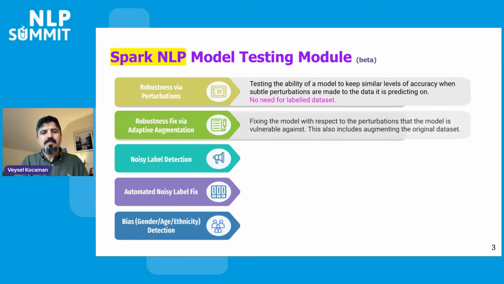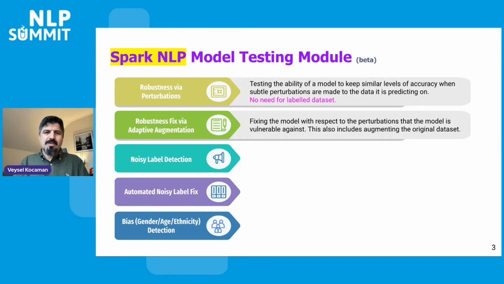The second one is fixing these weaknesses that we detect through the robustness test. So if we talk about a named entity recognition model, let's say that we run the robustness test and then we find some entities are vulnerable to certain perturbations. So rather than applying the same perturbation in a reverse way, we apply the perturbations in a smart way that is only applicable to those entities, because without knowing, you may hurt the entire model learning mechanism while trying to fix one issue, because these are deep learning models, right?